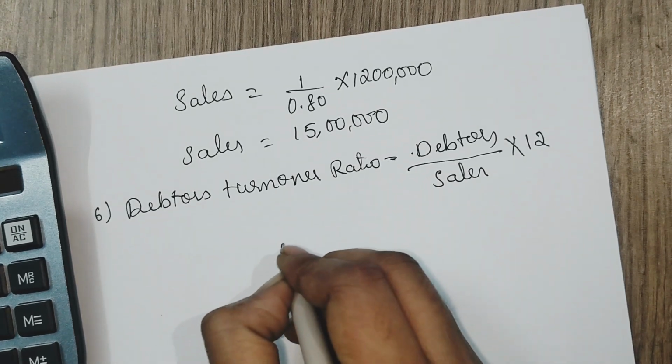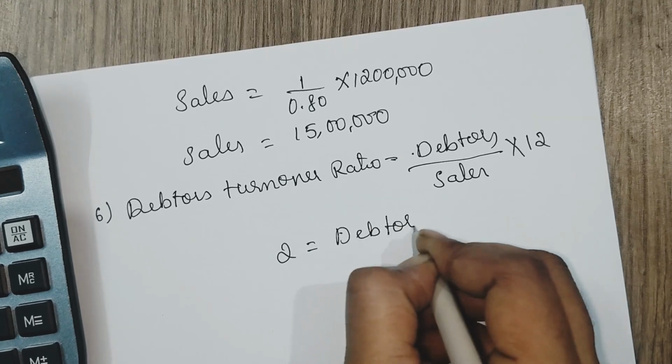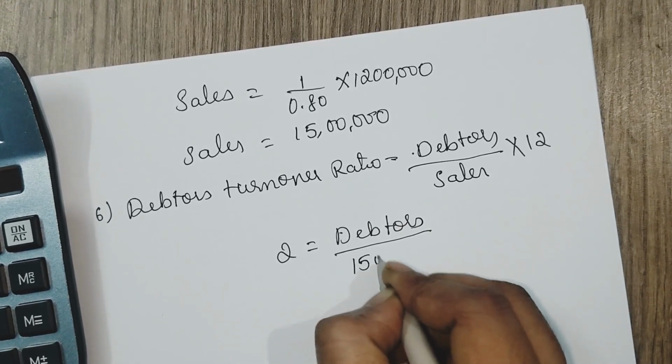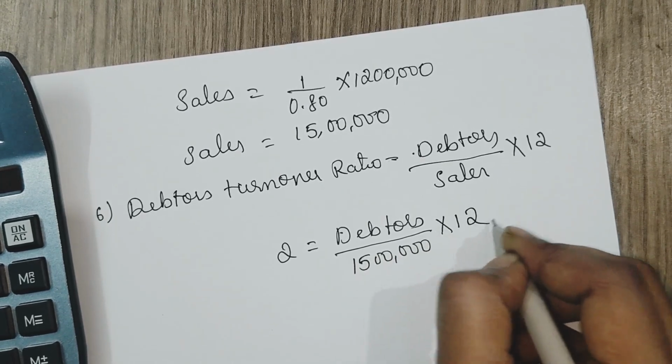Debtors we have to find out, divided by sales 15 lakh into 12.